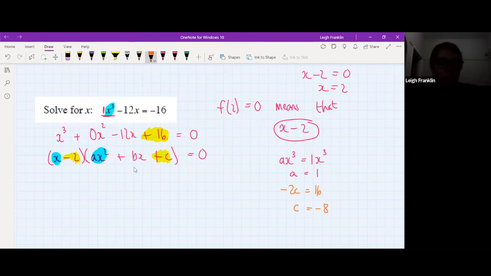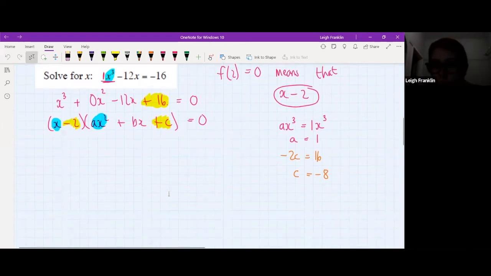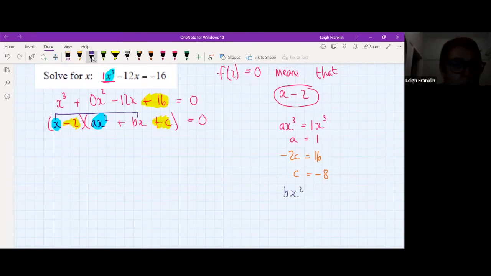And now we're going to work out what B is. Now, B comes from more than one place, unlike A and C. What we've got to do here is two things. First of all, we have to multiply x with bx to get bx squared, and we have to multiply -2 with ax squared. So in order to work out B, we need to know A. So -2 times 1x squared, because remember A is equal to 1 in this case.